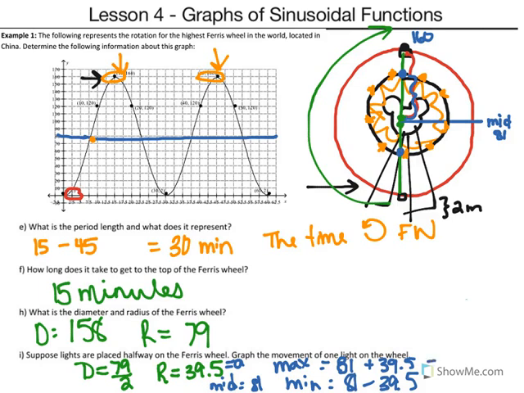So this is roughly 121, and this one is 41, just with rounding. So when we graph this, our period length will stay the same. It's still rotating the same speed. The only thing that changes is the maximum and the min. So our new maximum is 121 right here. Our new minimum is 41 right here.